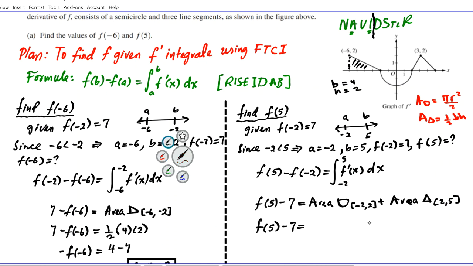Same thing. Okay, the area of the semicircle is going to be, let's not forget the minus because it's upside down, pi times 2 squared, that's for the circle, divided by 2 for a semicircle, plus the area of the triangle, 1/2 base times height, 1/2.